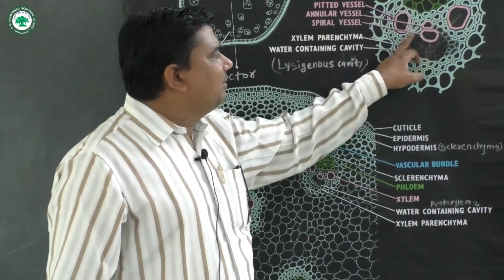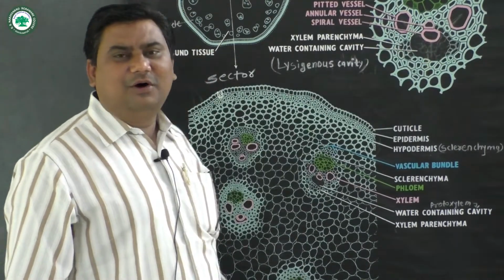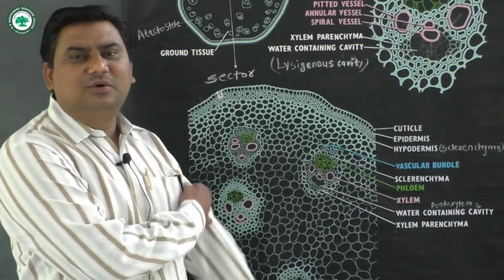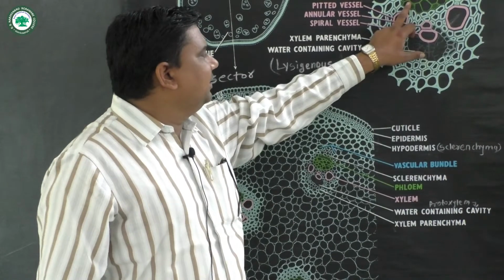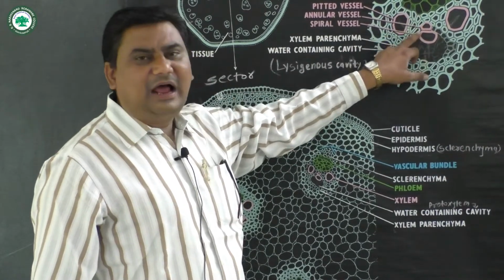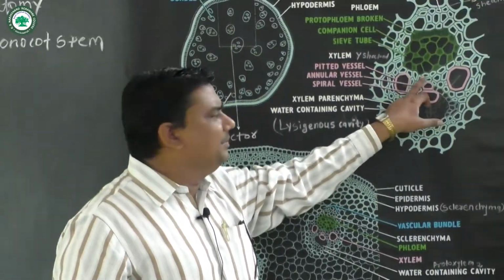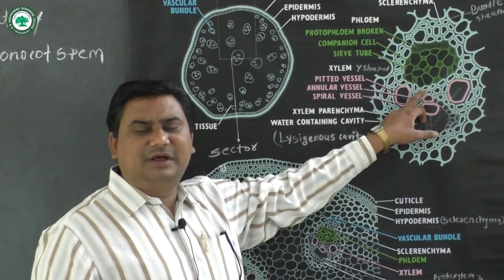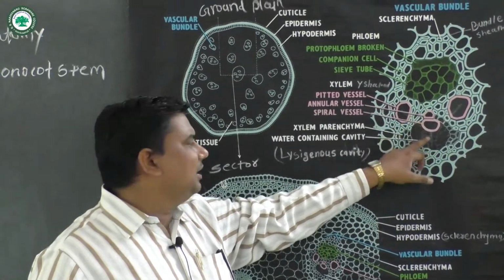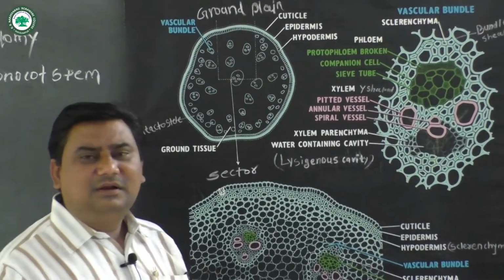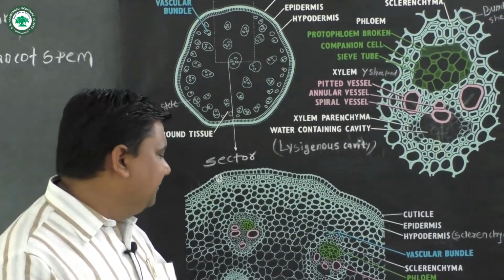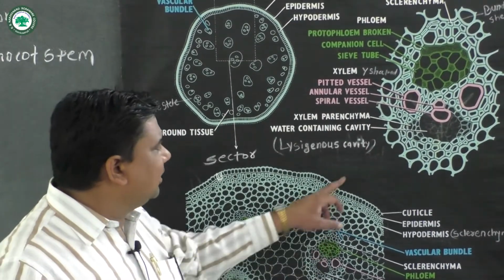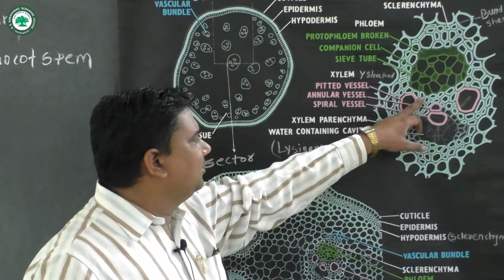So that's why we call the vascular bundle the closed type. Here there is an absence of the cambium, so the vascular bundle is closed type.